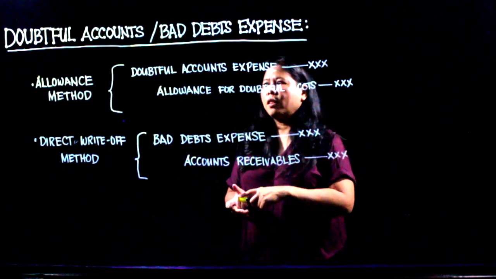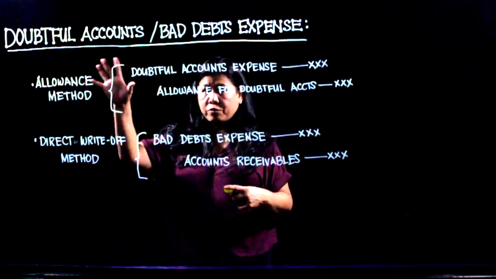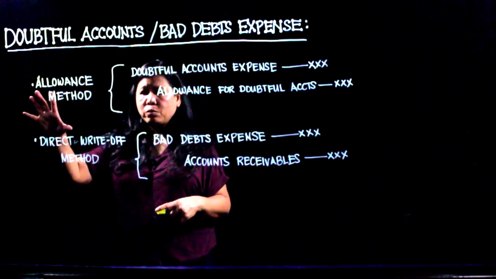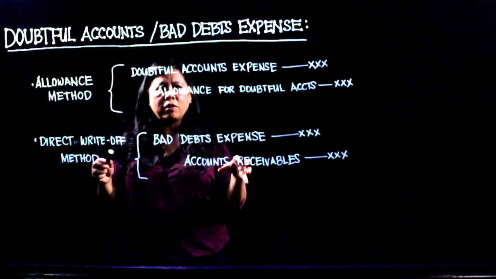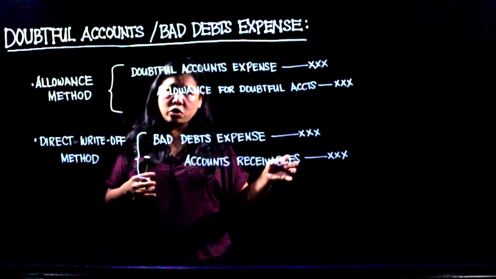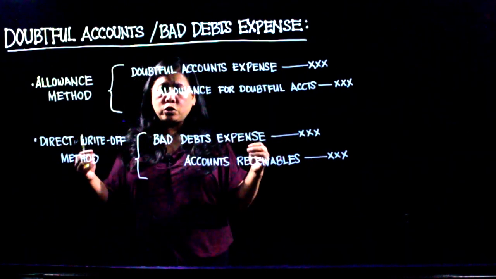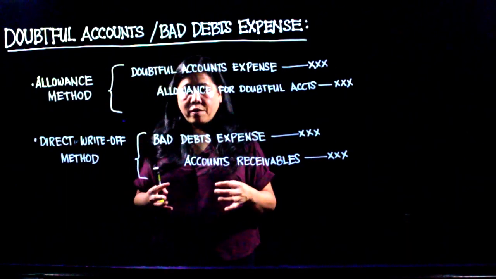So these are the methods where we account for our doubtful accounts expense or bad debts expense. For the allowance method, we set up an allowance account, and the allowance account is a contra account of our accounts receivable to get our net realizable value.